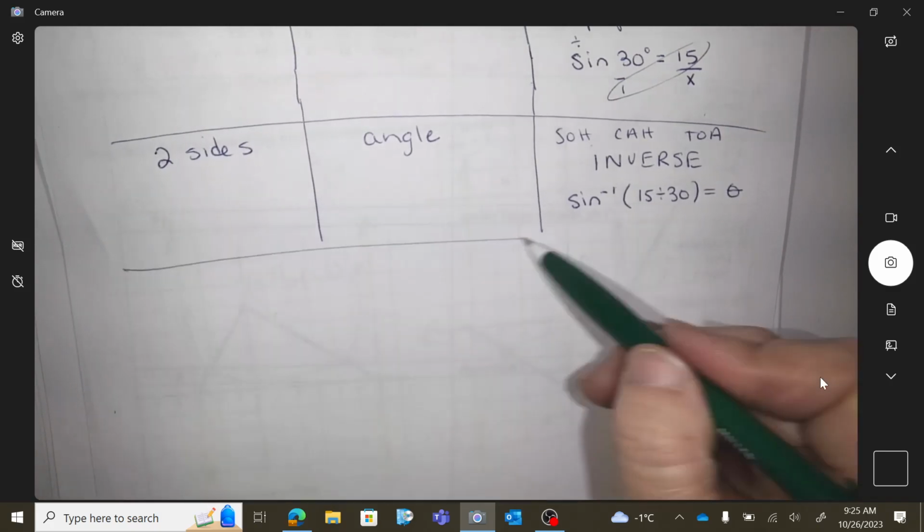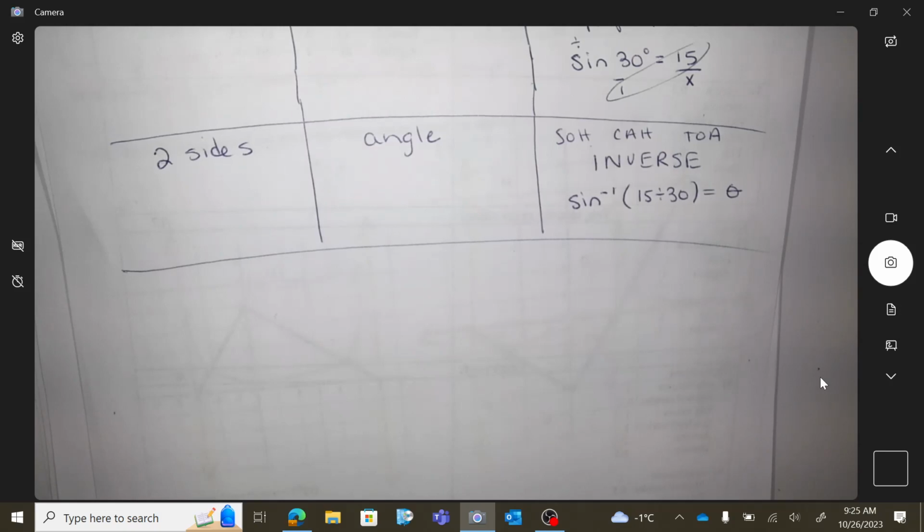And that's the summary. That's all you need to know about the trig. And once you've mastered those, then I can mix up the problems and you can do them all.